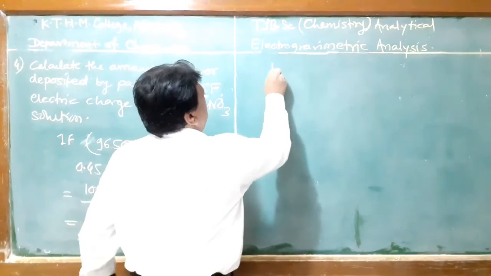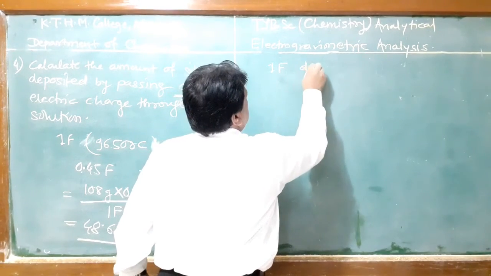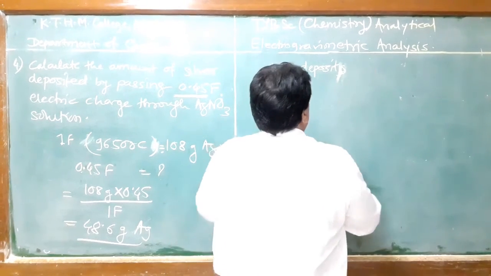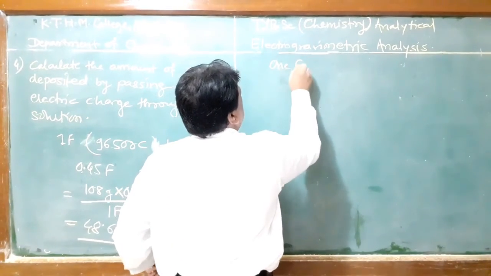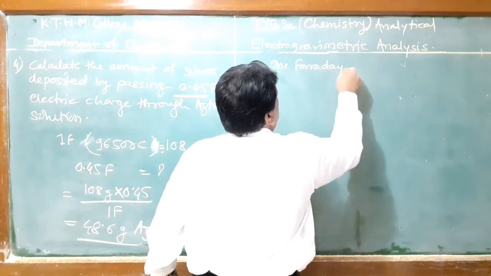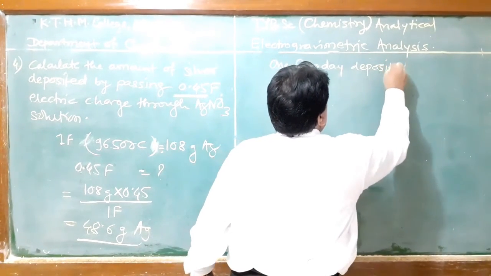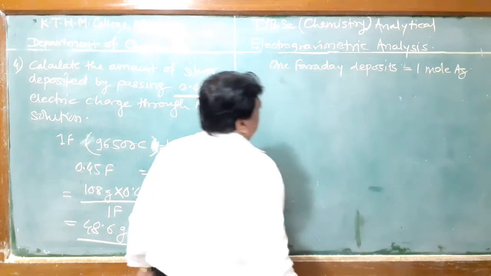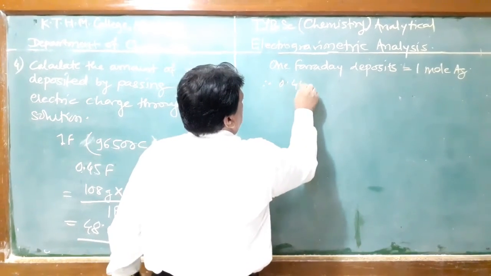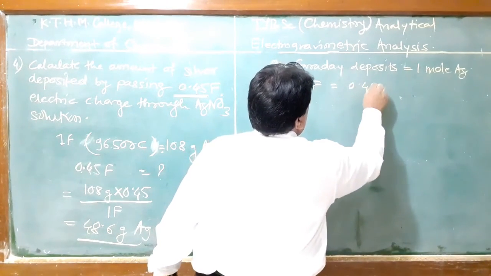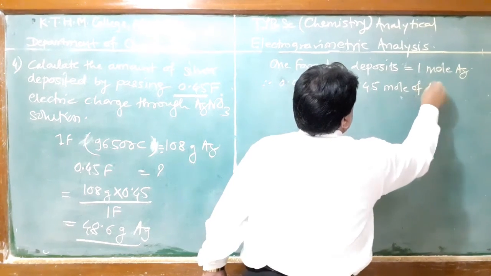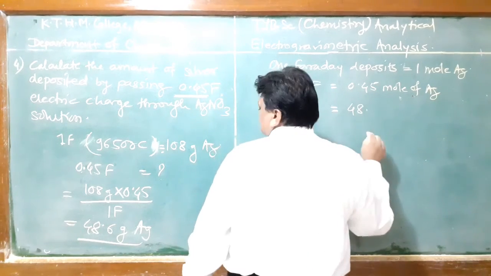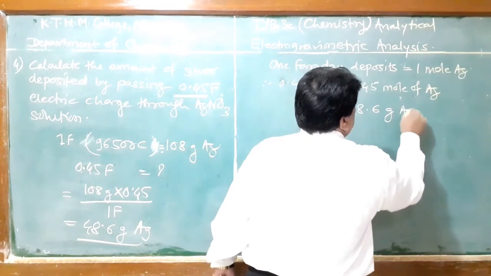That means here 1 Faraday deposits 1 mole of Ag or 1 gram equivalent of Ag, and therefore 0.45 Faraday deposit 0.45 mole of Ag, and that 0.45 mole of Ag is 48.6 gram of silver.